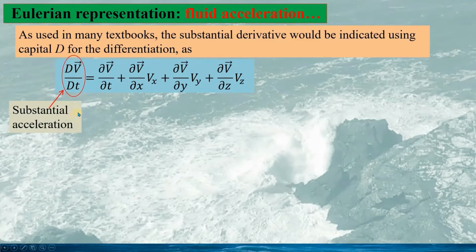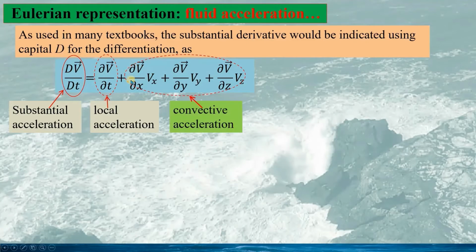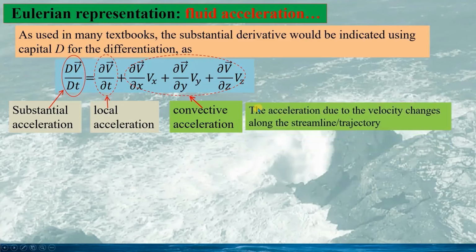The first part is the local acceleration, and these last three terms are the convective acceleration. So in the Eulerian representation, the fluid acceleration is divided into two parts, the local acceleration and the convective acceleration. And the convective acceleration is actually due to the velocity change along the streamline or the trajectory.